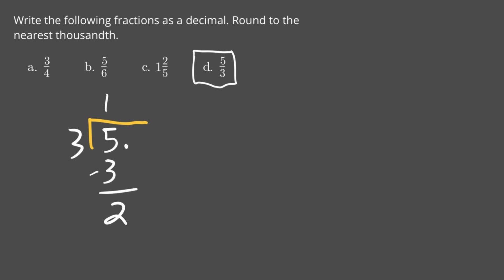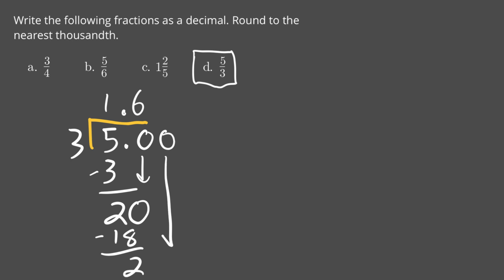We will have to place a decimal, so we can bring down a 0. That gives us 20. 3 goes into 20 6 times, giving us 18. 20 minus 18 gives us 2. Adding another 0.